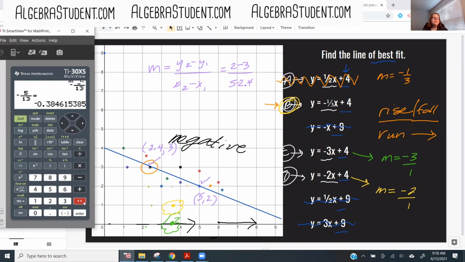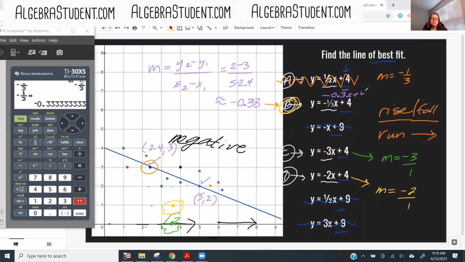So let's go back to the decimal: -0.38. Okay, so about -0.38. Now, -3 is -3, -2 is -2, and -1/3, just in case you want to see it as a decimal here, don't remember, that's okay, is -0.33, 3 repeating. Do you see how close that is?